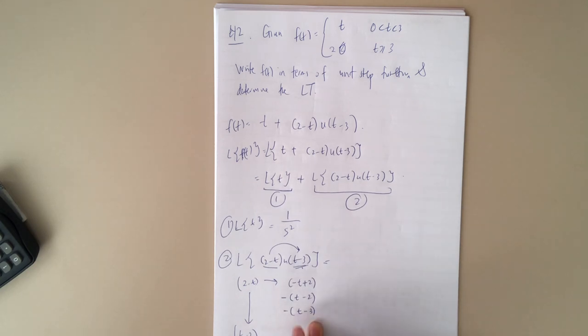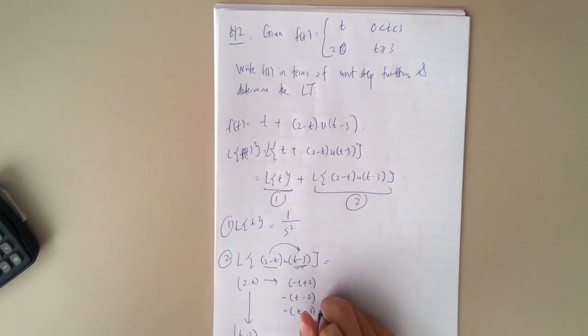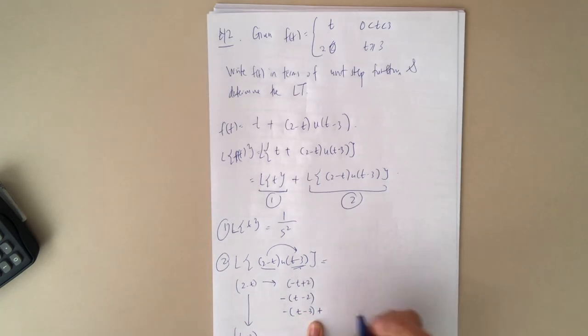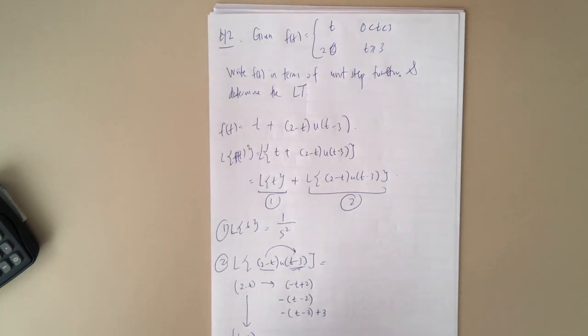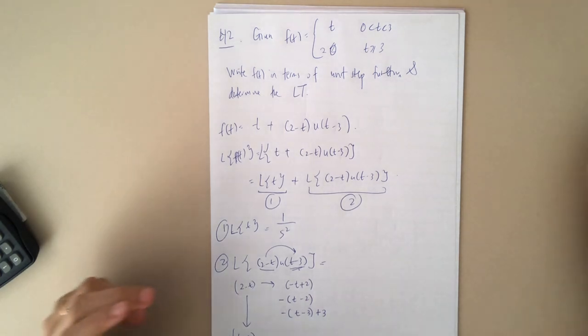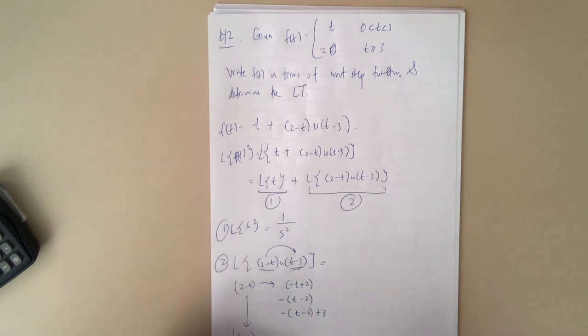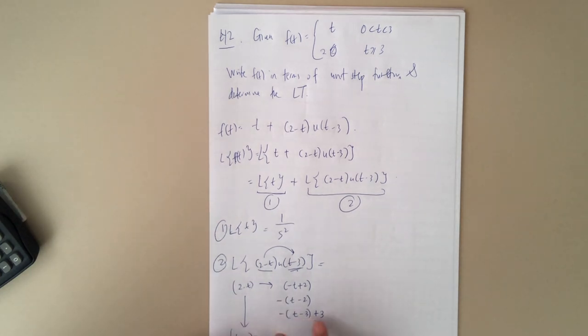Now you are at t minus 3, of course you need to plus 3 to make it get back t, right? Then what you should do next? If you open the bracket, t minus 3 plus 3 means that you get t.